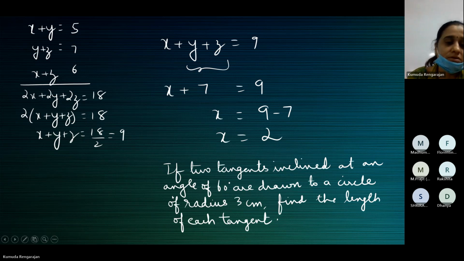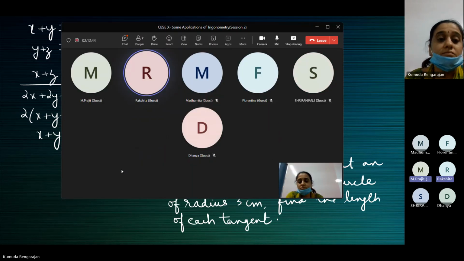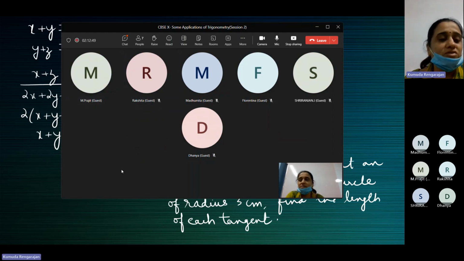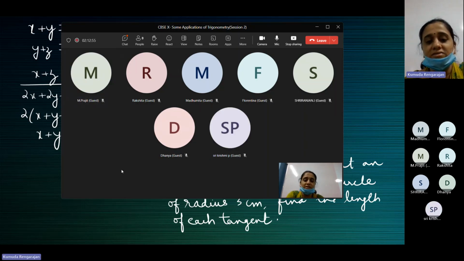Rakshita: Ma'am, is the answer 3 root 3 centimeters? Okay, Rakshita, you're right. 3 root 3. Correct answer.